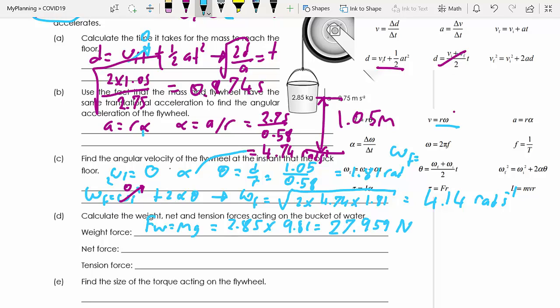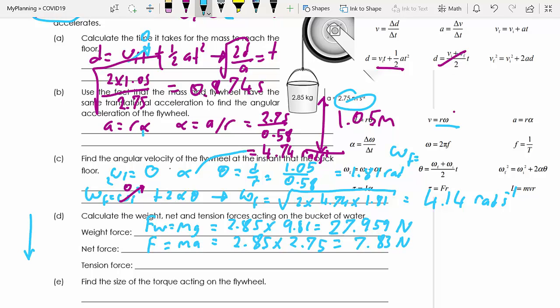The net force, well, the net force is going to be this acceleration of 2.75. So mass times acceleration is 2.85 times this one here of 2.75, which gives you a force of 7.83 newtons.